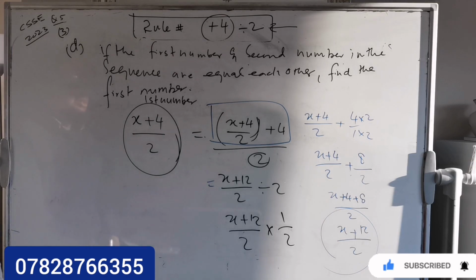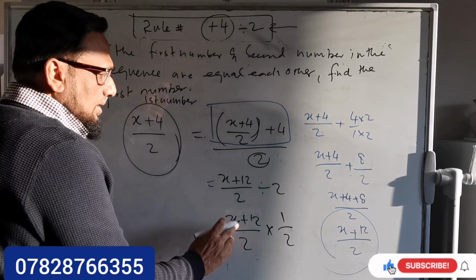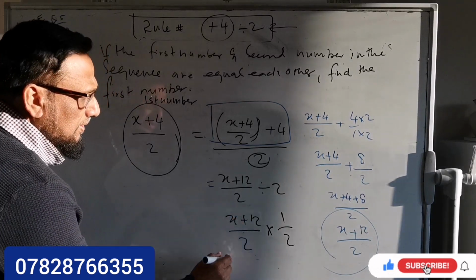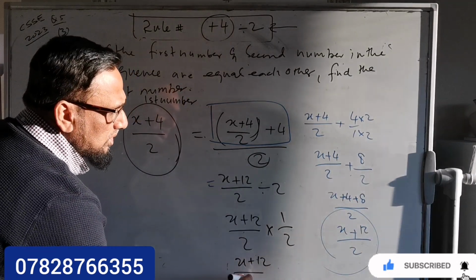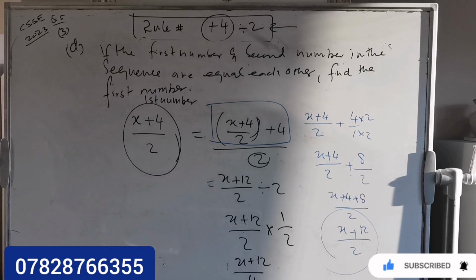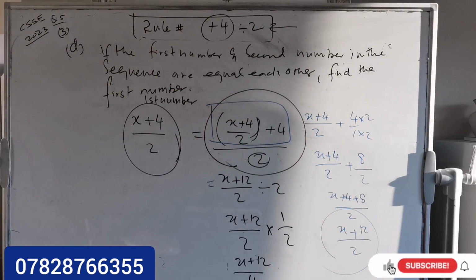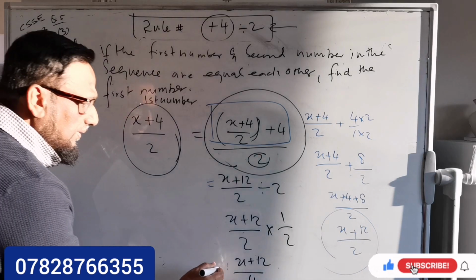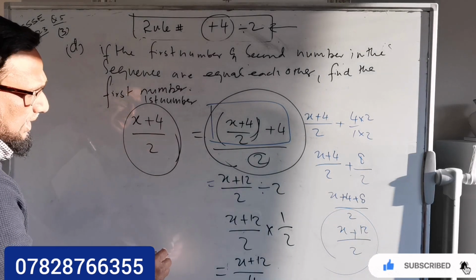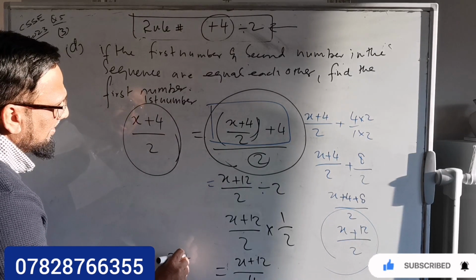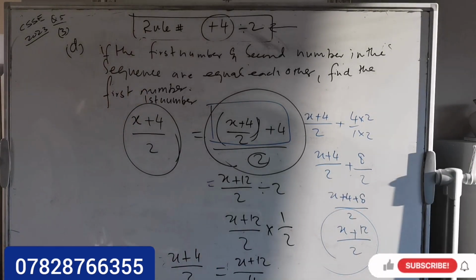Now look at this one: x plus 12, and 2 times 2 is 4. So we solved the second number, and we found this, which is equal to x plus 4 divided by 2.